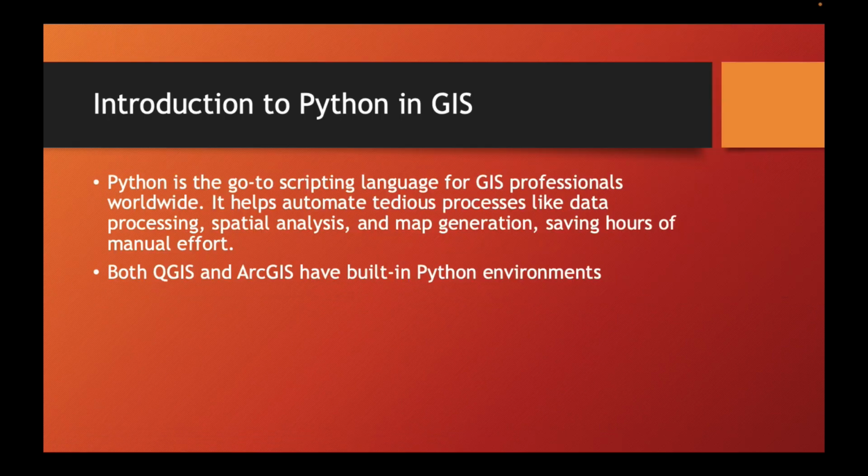Python is the go-to scripting language for GIS professionals worldwide. Python is a very easy and powerful programming language. It helps automate tedious processes like data processing, spatial analysis, and map generation, saving hours of manual effort. So we can automate our repetitive tasks using Python.